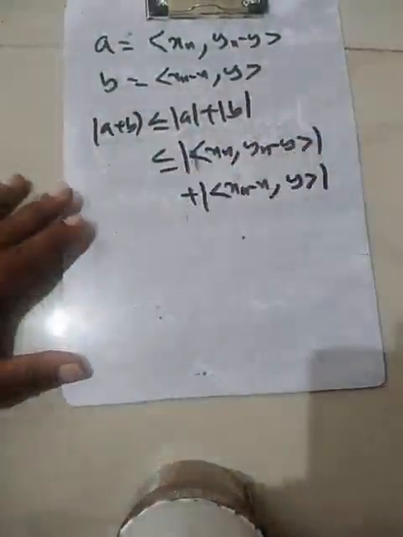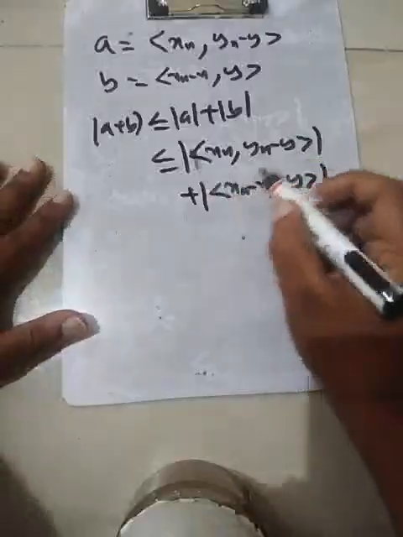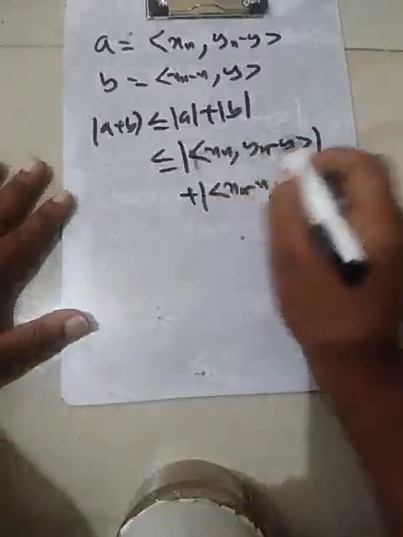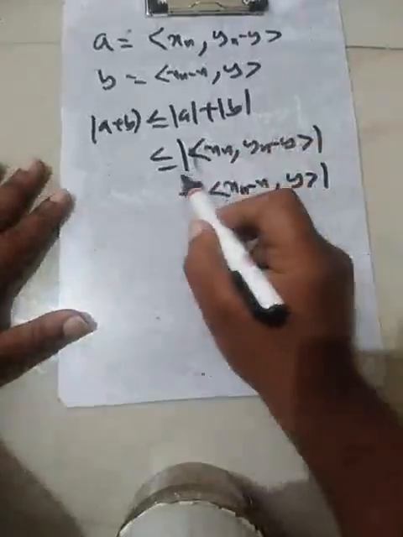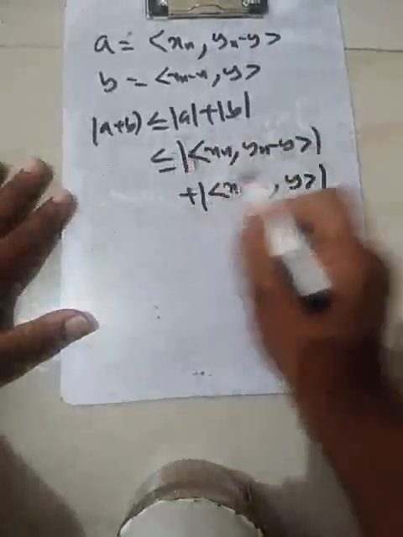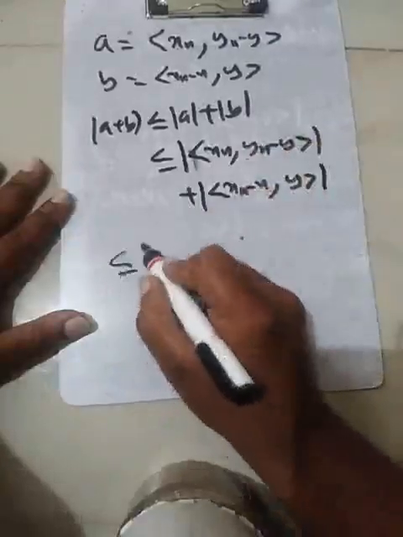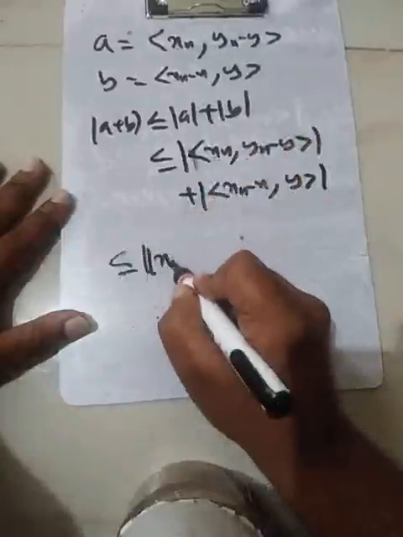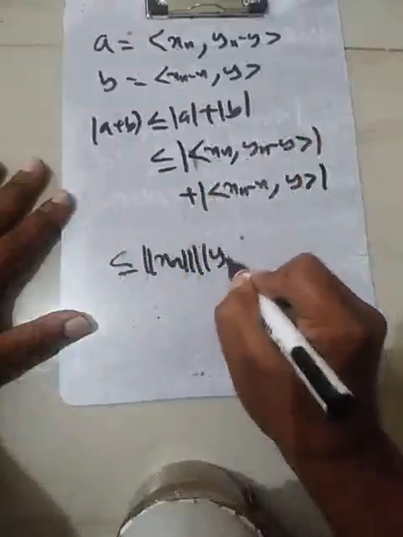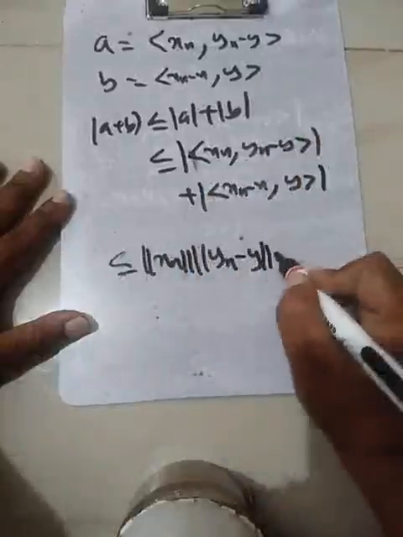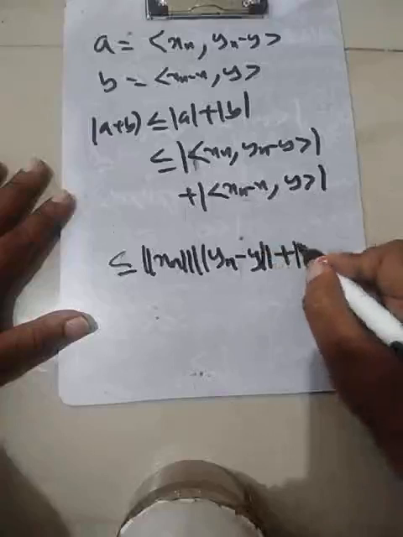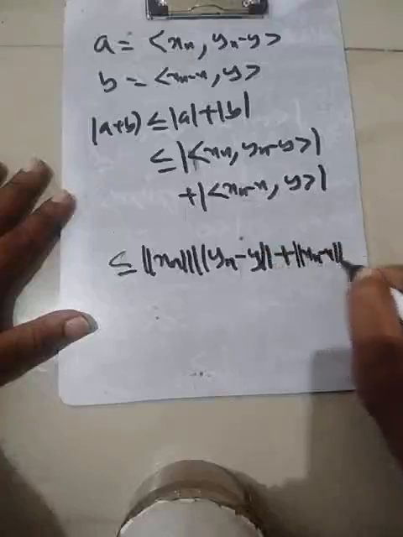So what do we get from here? Now, if we have two terms over here, inner products, we can apply Cauchy-Schwarz. So this would be less than or equal to the norm of xn times the norm of yn minus y plus the norm of xn minus x times the norm of y.